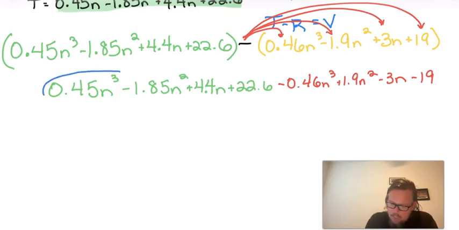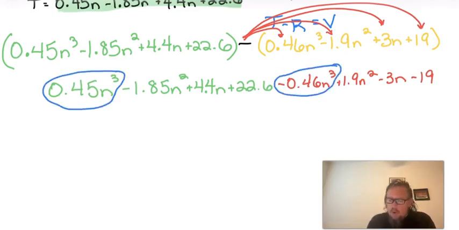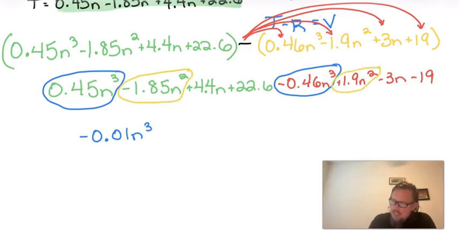So I've got n cubed combined with n cubed. So I've got 0.45 minus 0.46, which is negative 0.01 n cubed. And then next I've got negative 1.85 n squared plus 1.9 n squared.